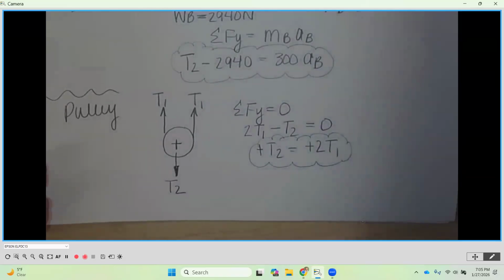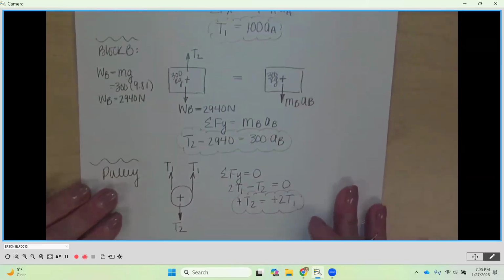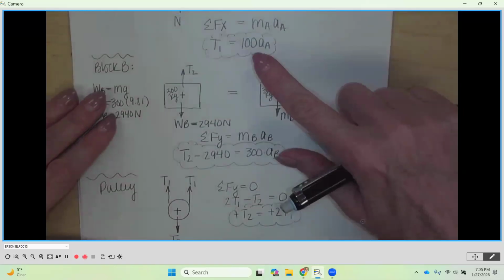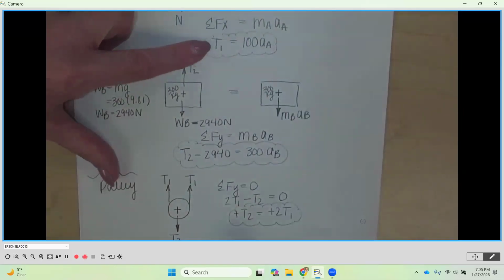So now if I look at the 3 equations that I have, because I got to stop there as well, I've got the 4 variables. Now, what we want to do is try to have 2 of the equations have 2 of the variables and the other 2 equations have the other 2 variables. Right now we can see that we have T1 up here and T1 down here, so it's in 2 equations.